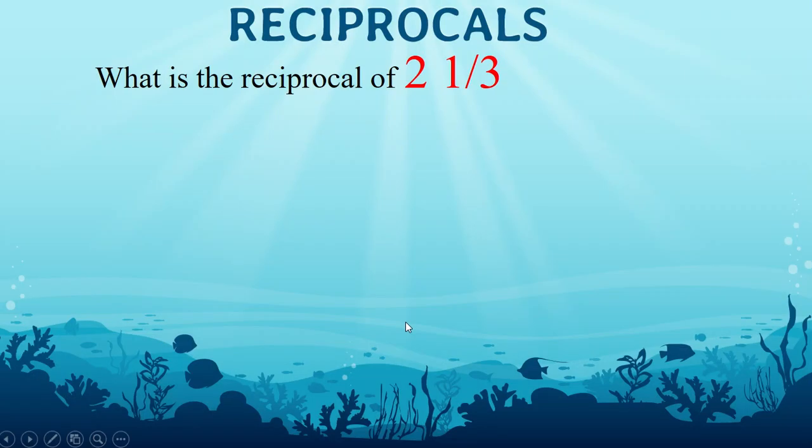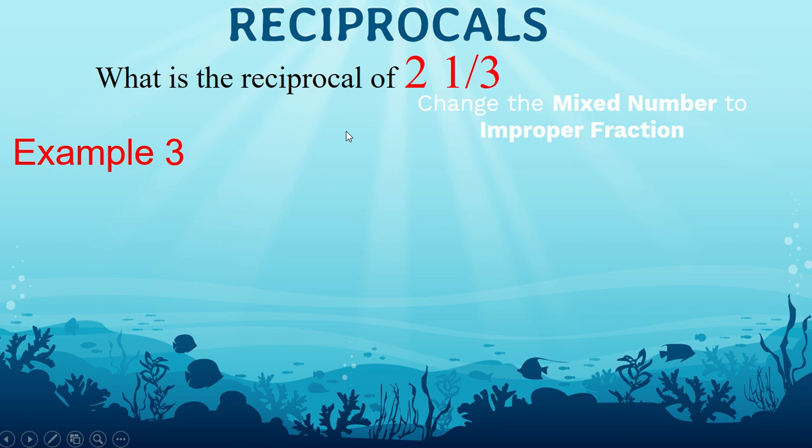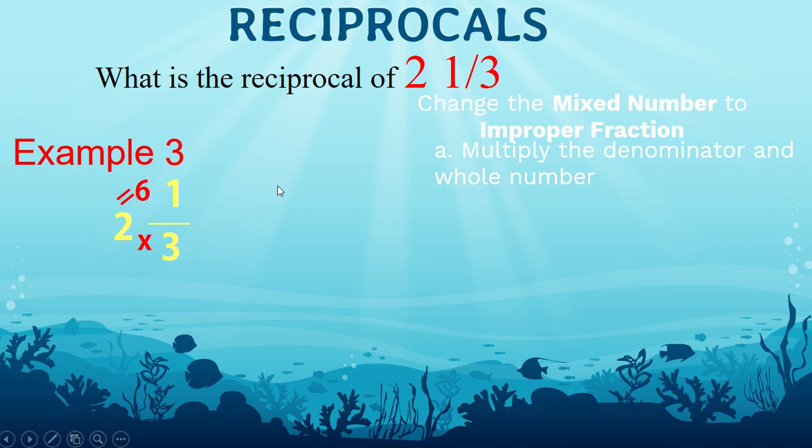I have another example. This is example number 3. We have a mixed number, 2 and 1/3. So, we have to change the mixed number to an improper fraction first by multiplying the denominator and the whole number, itong dalawa. 3 times 2, we have 6.